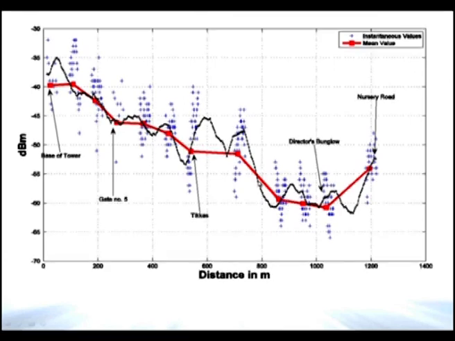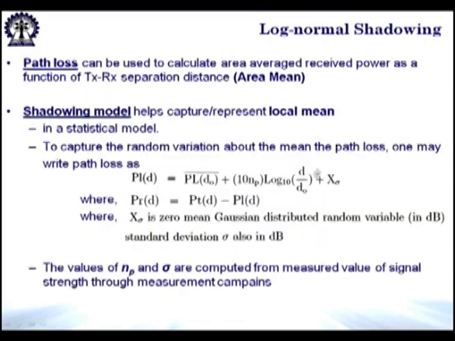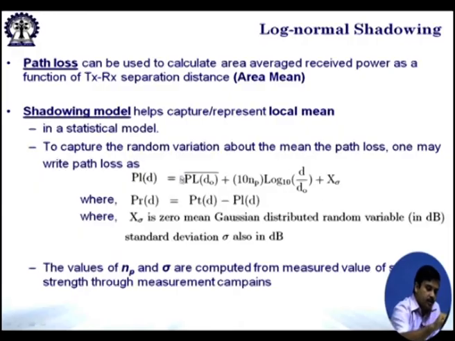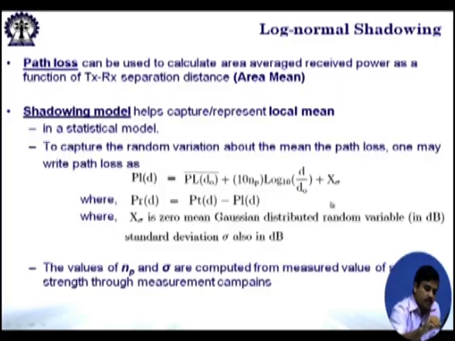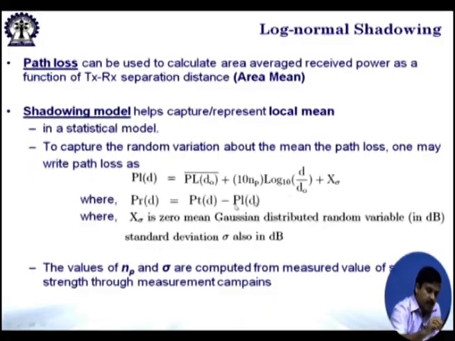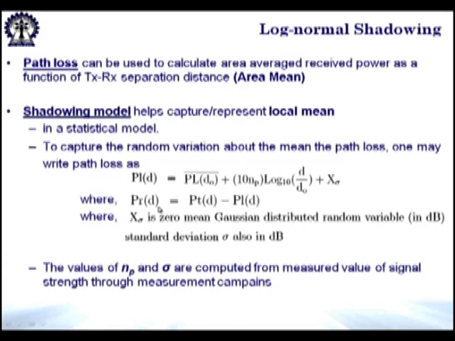So, there is fluctuation above and below the average, and this is zero mean. That means the mean is predicted by this part, this is the mean path loss. About the mean, there is fluctuation on the positive side and on the negative side. So, if there is fluctuation on the positive side in the path loss model, there is fluctuation of received signal strength on the negative side, and vice versa, between the path loss model and the received signal strength.